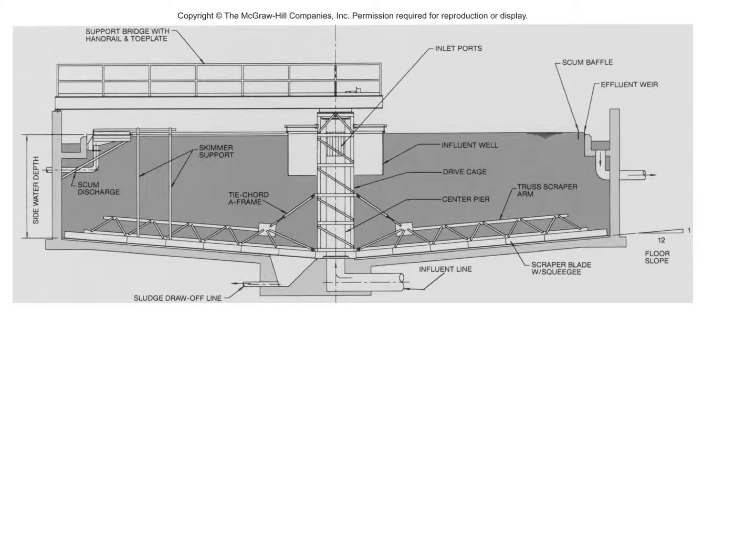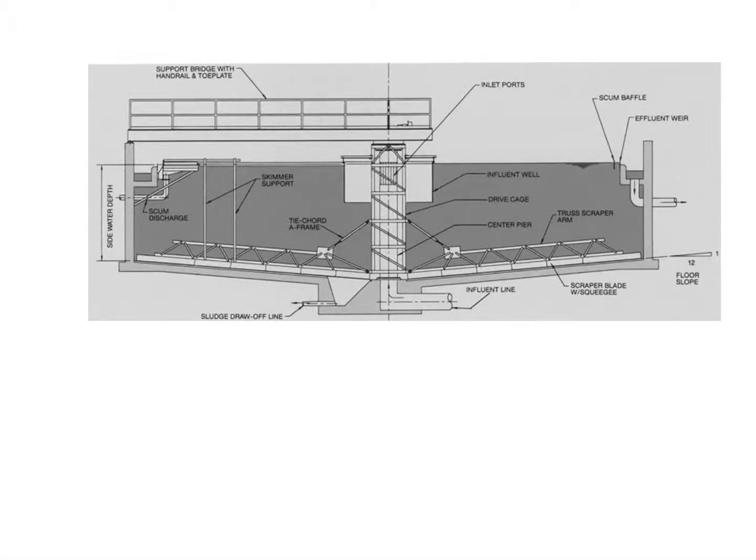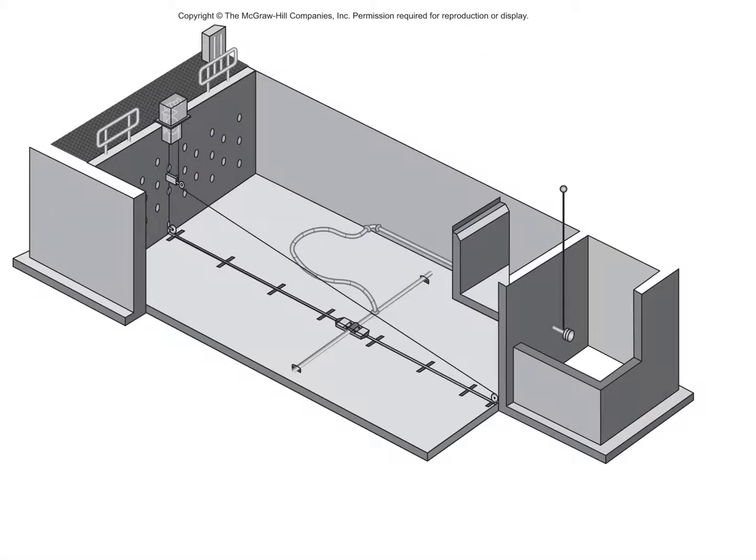Another view here at the bottom: these are the bridges for removing sludge. It spins and collects all of the sludge at the bottom. Here is another view, an empty one, where you see the collectors at the bottom, and the circular tank.